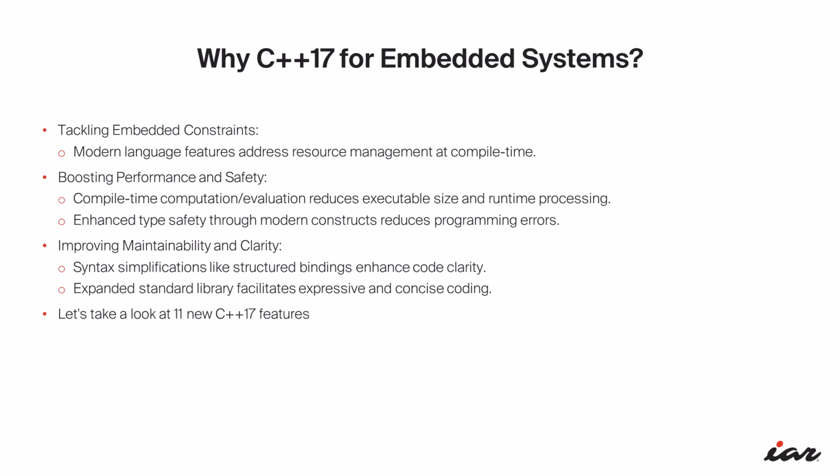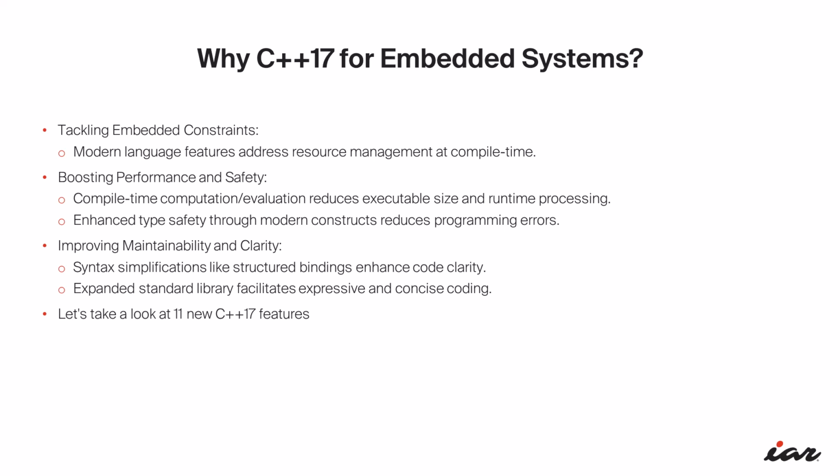It gives enhanced type safety with some new interesting constructs. It improves maintainability and clarity with syntax simplification, with increased clarity such as structured bindings. It also has an expanded standard library with facilities for expressive and concise coding.